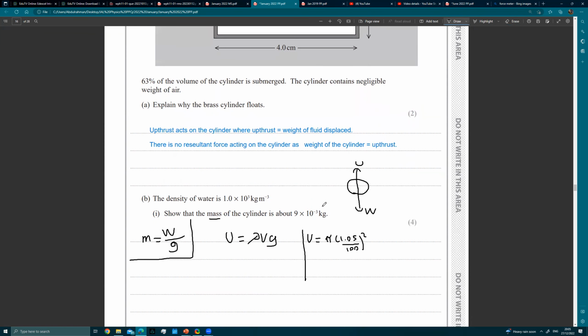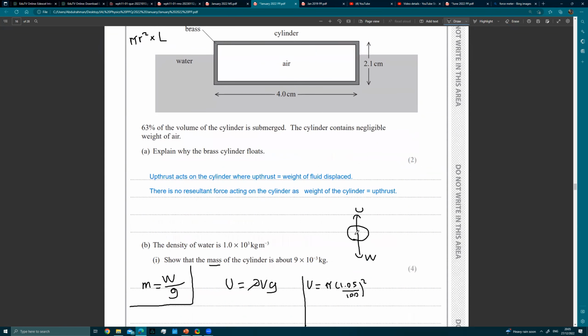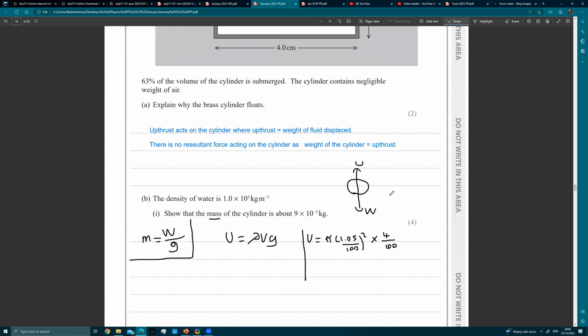Okay. So pi times the radius, which is 1.05 over 100 to go from centimeters to meters, squared, multiplied by the length, which is 4 over 100, because again, from centimeters to meters. Do this, Isa, and tell us what the volume is. So I'm getting 441 over 100 pi. I say we just leave it like that because it's more accurate.